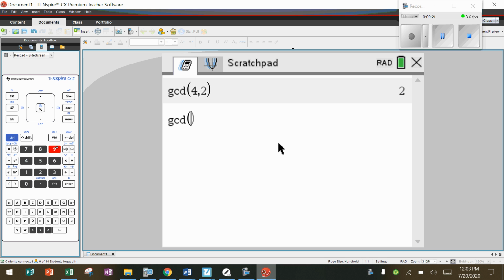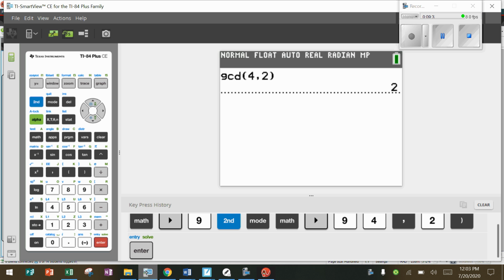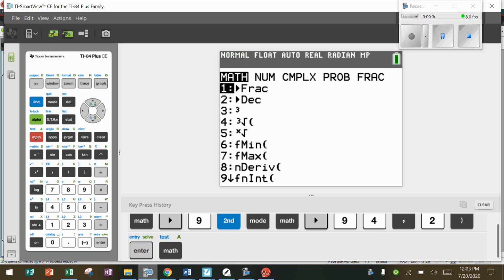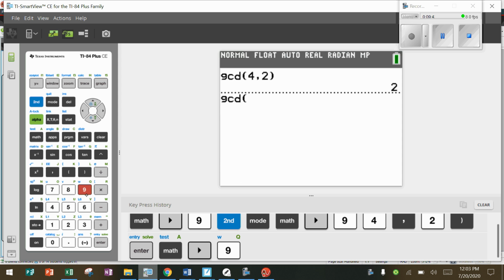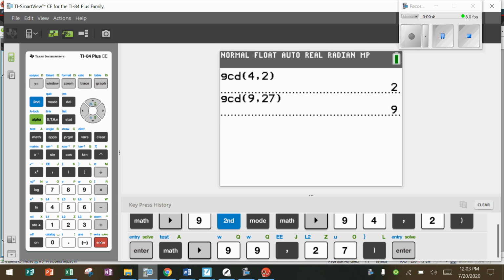And my numbers are 9, comma, 27. If we have the other calculator, we go to math, the math button here, go over to our number list, and option 9 is our greatest common divisor between 9, comma, 27. And we get the same result.